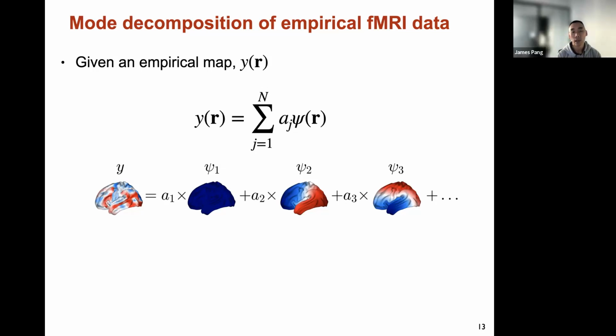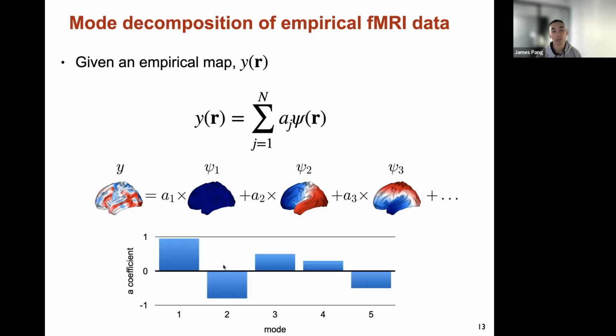That means we can represent any empirical map, say Y, as a linear superposition of these eigenmodes weighted by some coefficient A. So as an example here, for this empirical spatial map Y, if we find that the A coefficient for mode 2 is higher than the others, it suggests that mode 2 is more expressed in that spatial map than the others.